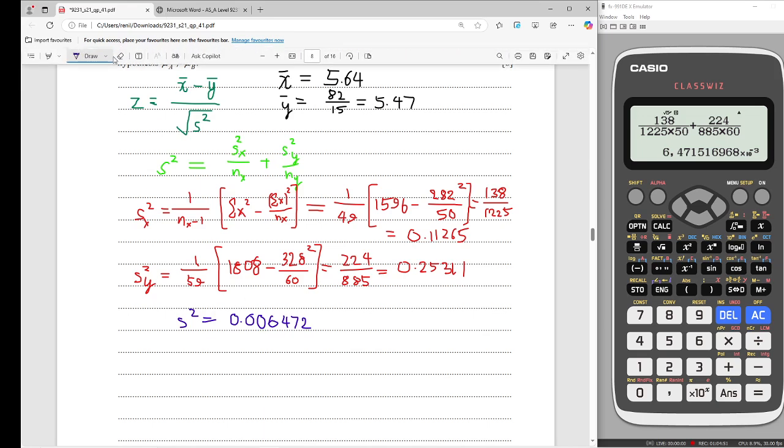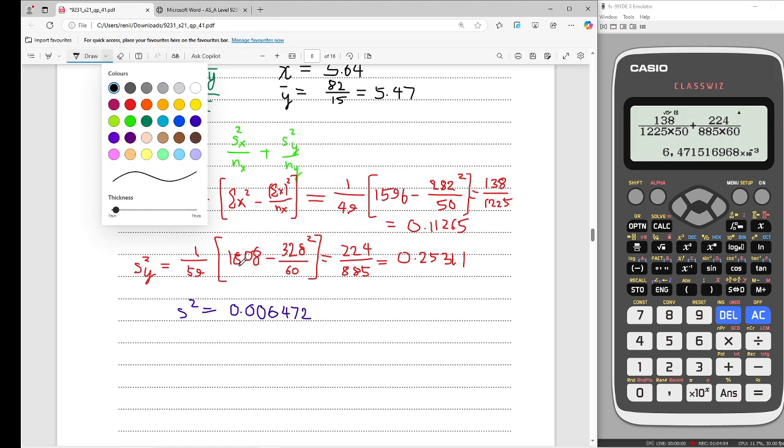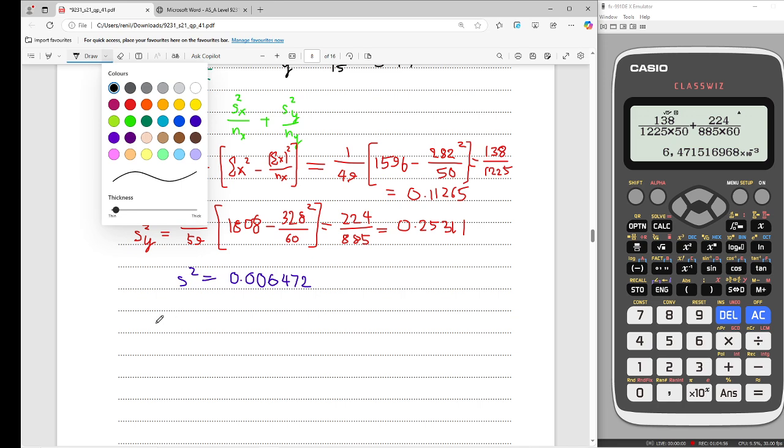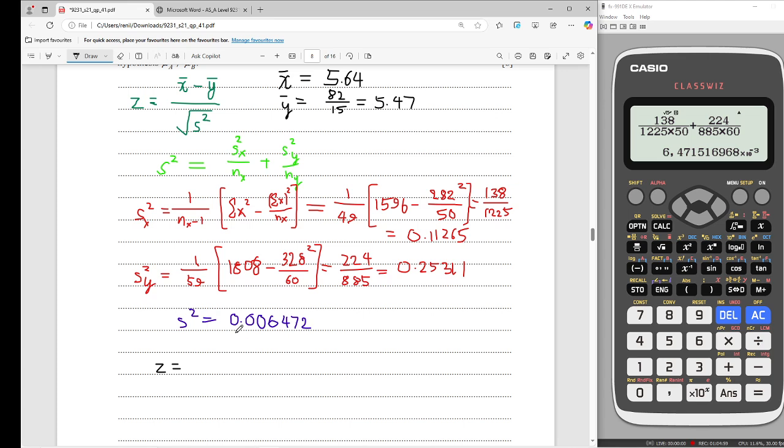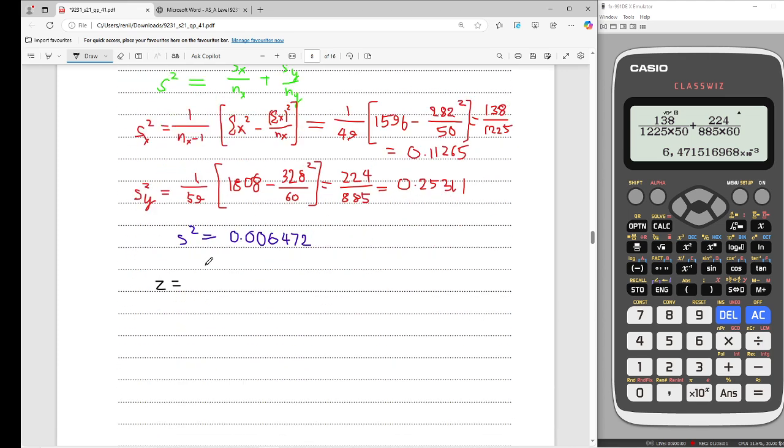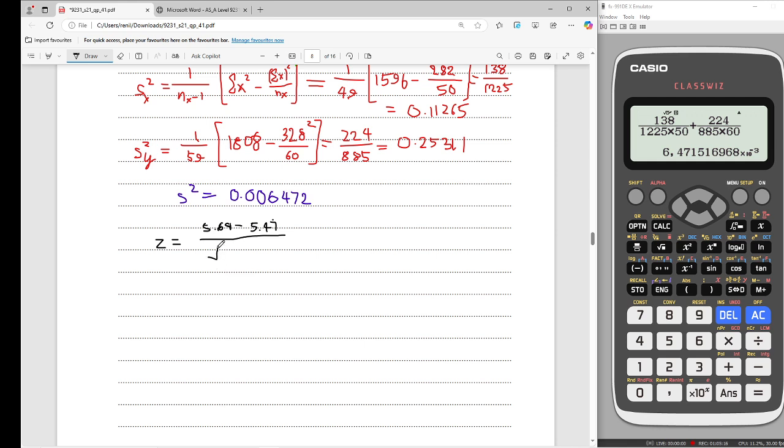And now we just need to plug this value into our final equation. So let's carry this out. Z equals x mean, which is 5.64, minus this with 5.47. Do note we are using the fractional value for this. Whole divided with root of 0.00647.